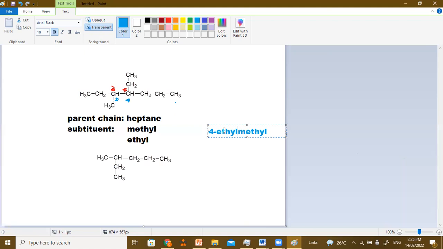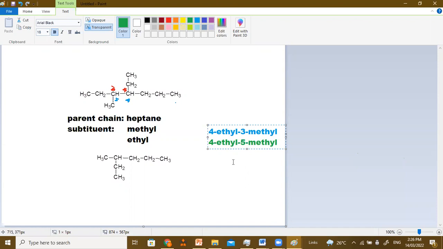Another way is to start counting from the right: you still have ethyl and methyl. If it's from the right, ethyl is on carbon 4 again, but methyl is on 5.